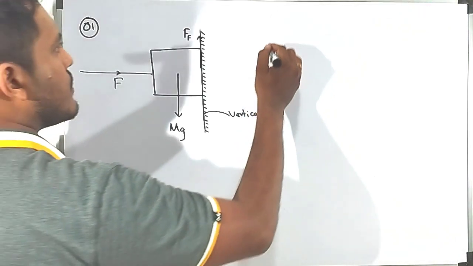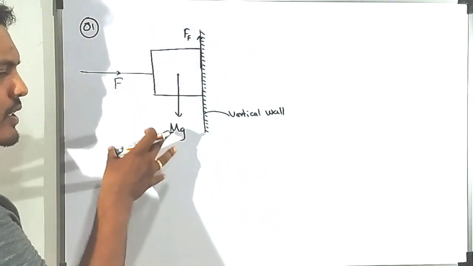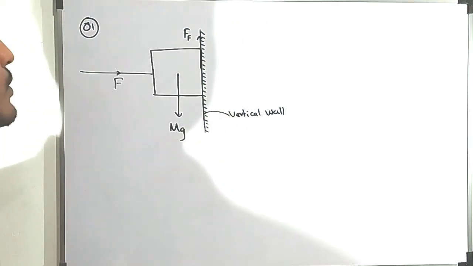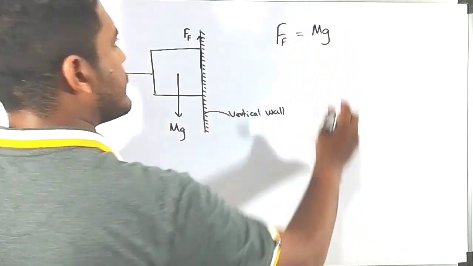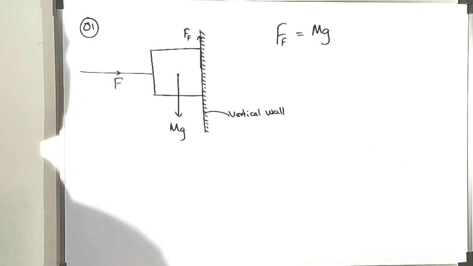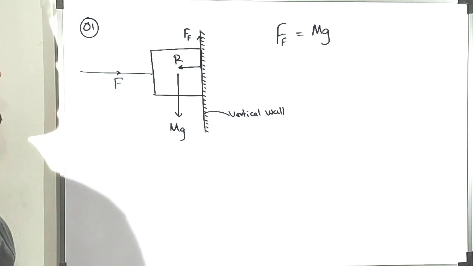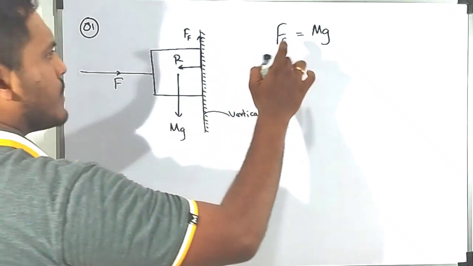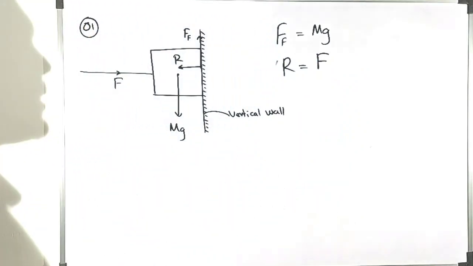The minimum frictional force that should be exerted on the object should be equal to its weight, F equals mg. Then the normal reaction from the wall, according to the horizontal equilibrium, R equals F, where F means the applied horizontal force.